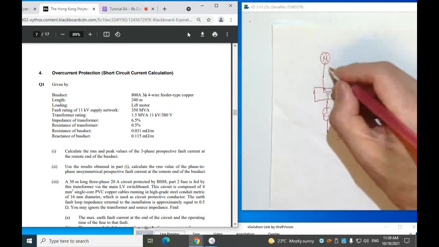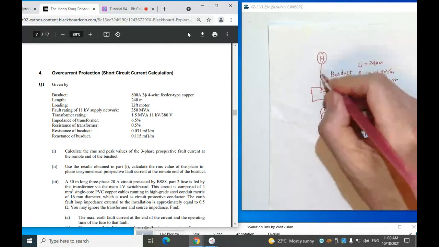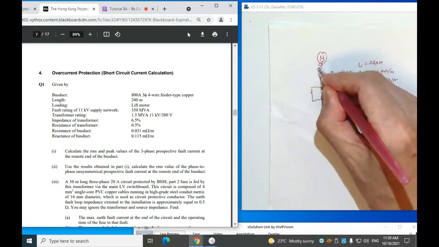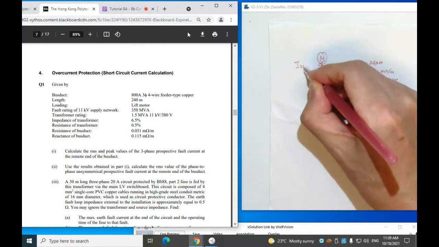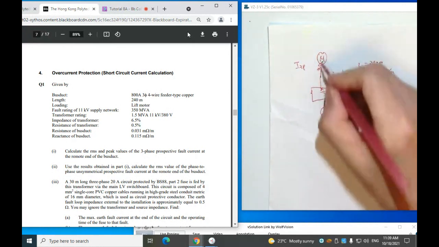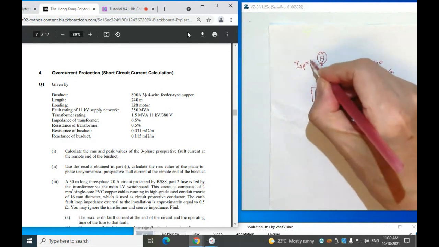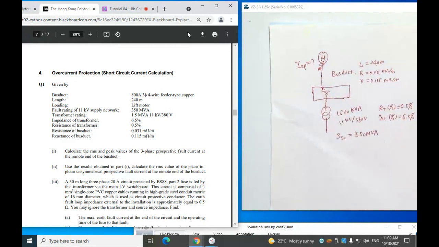Let's say we have a fault at the remote end. This is a 3-phase fault, and we want to find the 3-phase fault current. Part 2 is based on the 3-phase fault current: we need to calculate the phase-to-phase fault current.